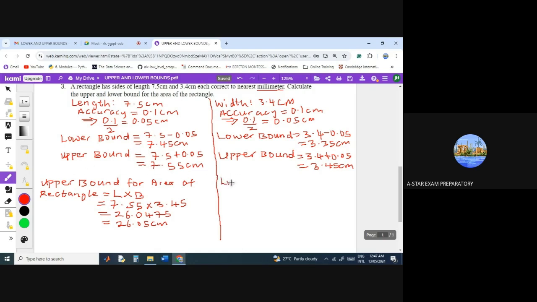Okay, so let's compare the calculation for the lower bound for the area. Lower bound for the area of the rectangle.